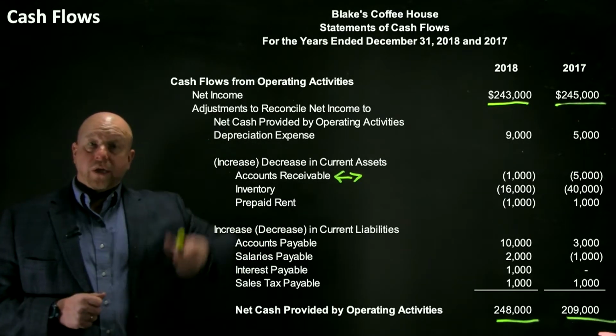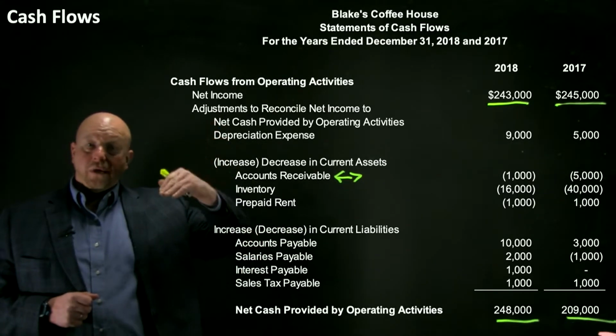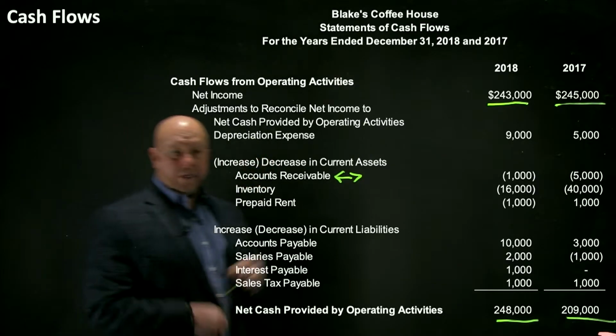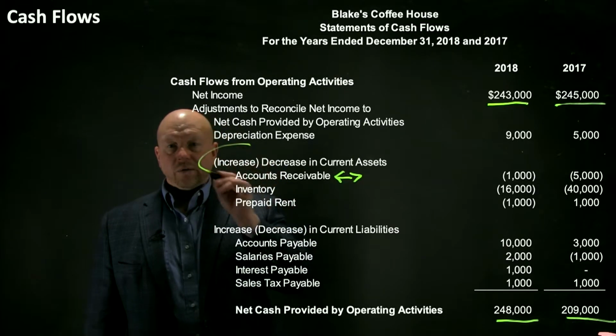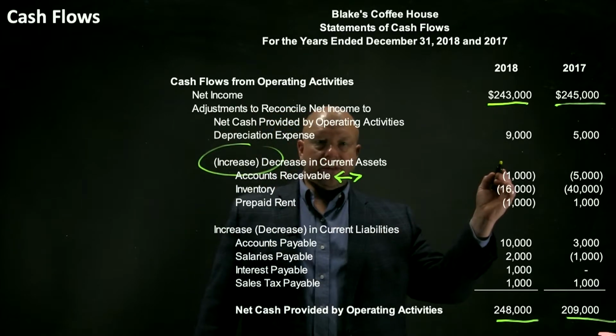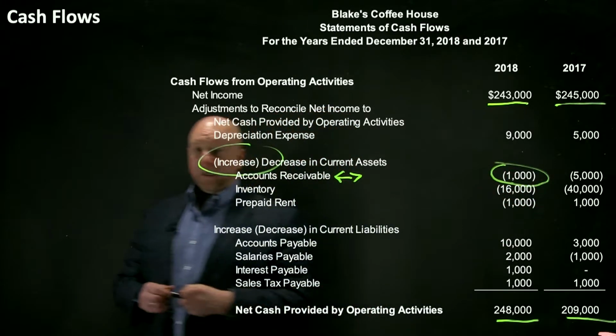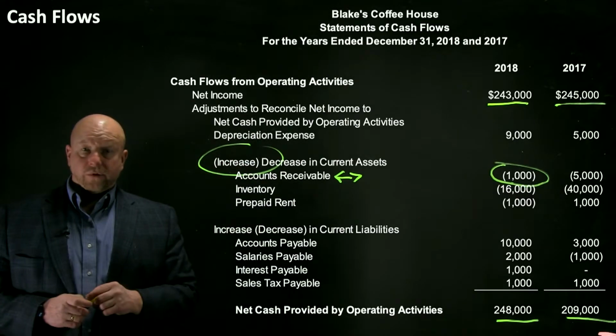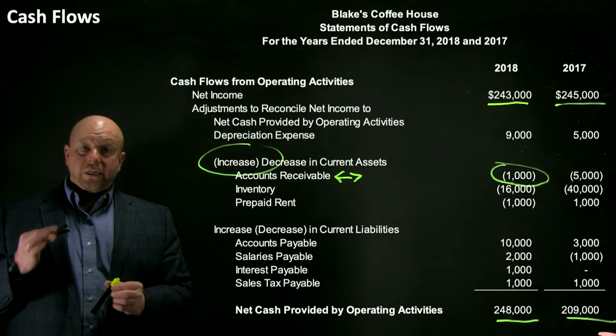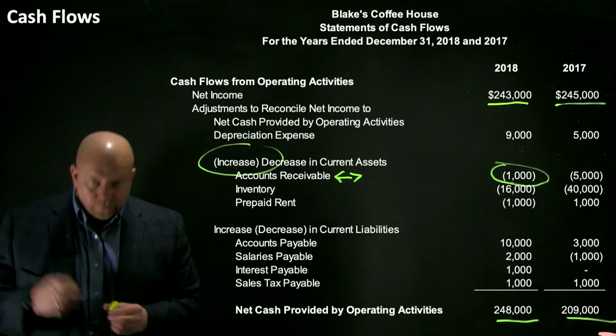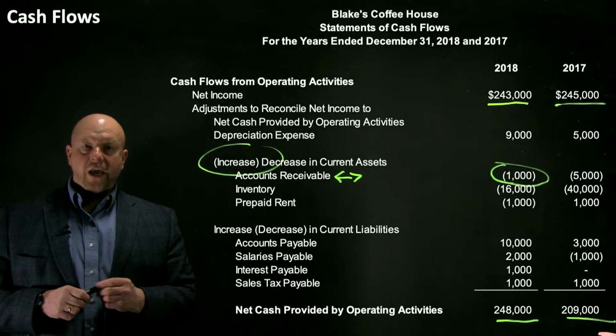Those sales revenues boost the net income, boost the accounts receivable, but as you can see here, when accounts receivable goes up, we have to subtract that from our income when arriving at cash flows, because an increase in receivables is an increase in net income that did not yet result in the collection of cash.